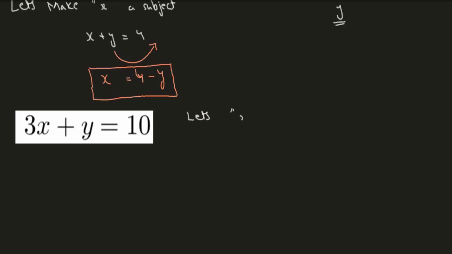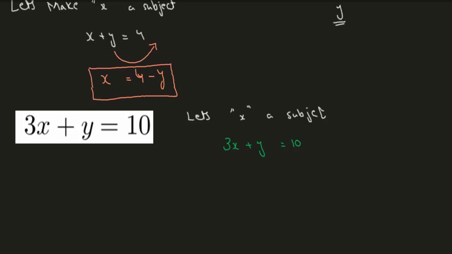Okay, so in this example, let's say that I have to make x a subject. First let me write down the equation right here: 3x plus y is equal to 10. So my first step would be to take this y on the other side. The common mistake is that sometimes students try to take this 3 first on the other side.